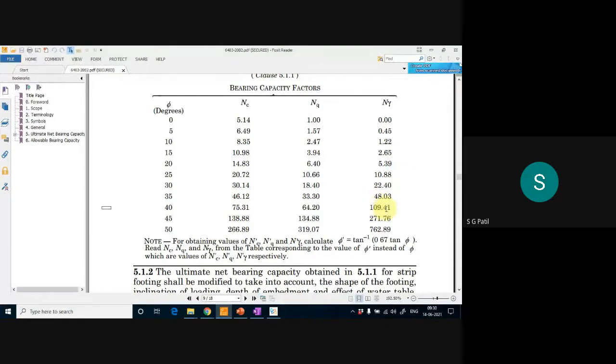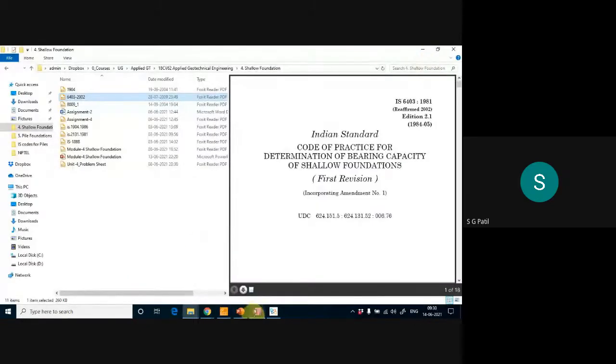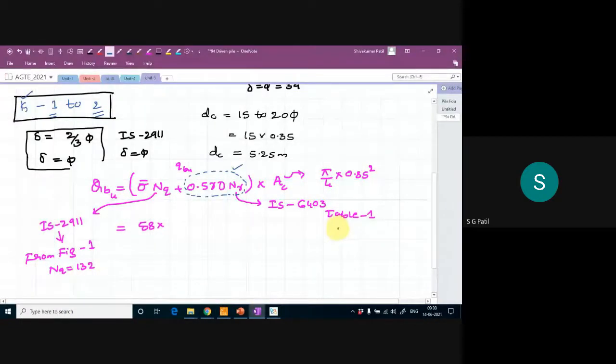For 40 degree I will take 109.41. So N gamma is equal to 109.41.